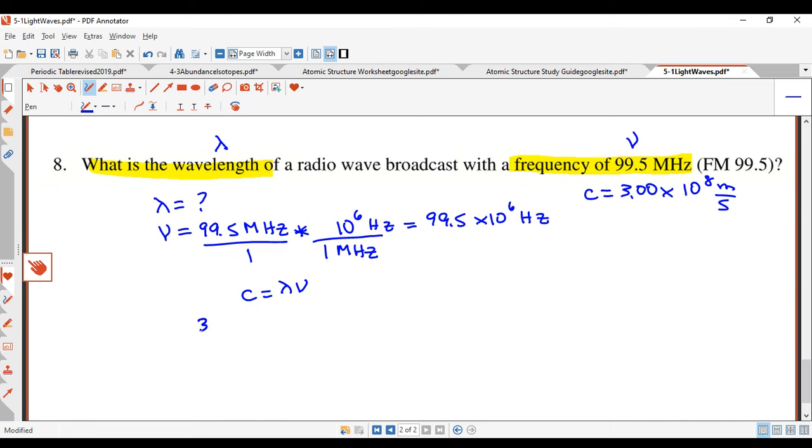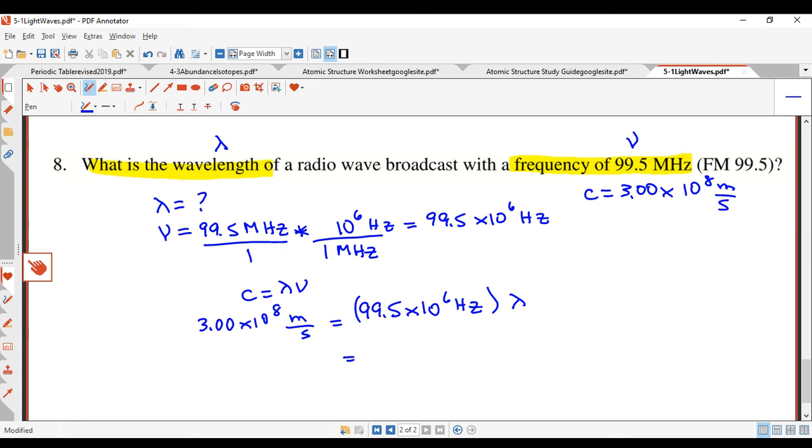We have 3 times 10 to the 8th meters per second is equal to 99.5 times 10 to the 6 hertz times our wavelength. Again, make sure you're putting this in parentheses when you bring it over to the other side of the equation. We're going to be dividing the speed of light by the frequency to solve for wavelength.